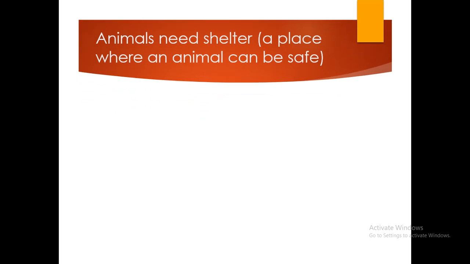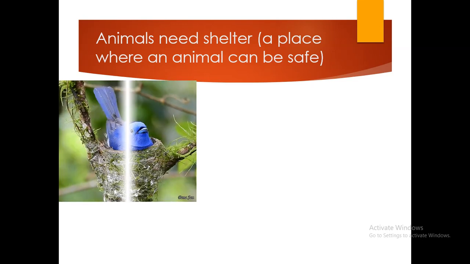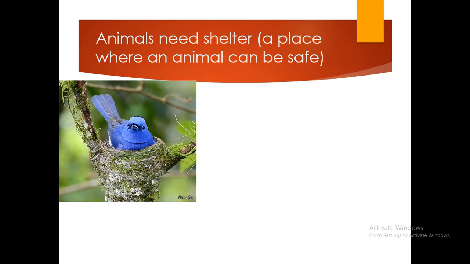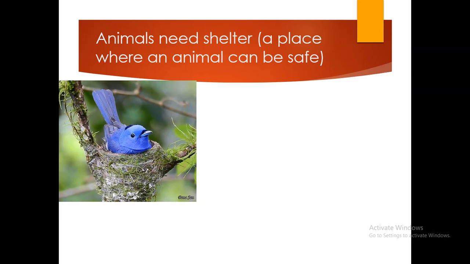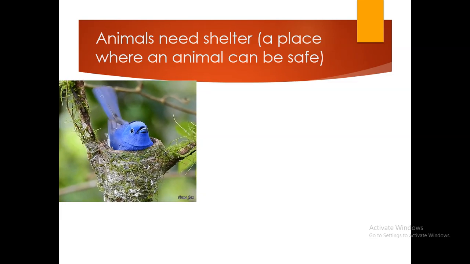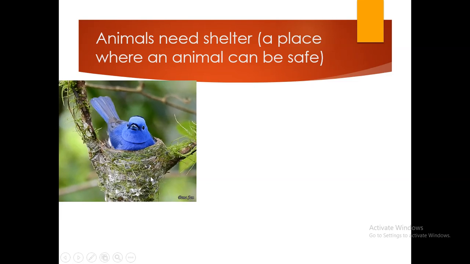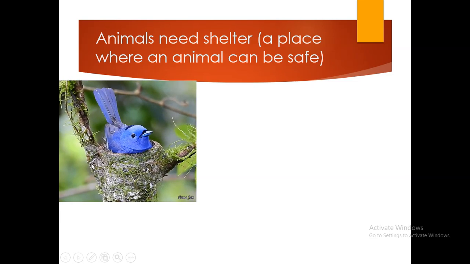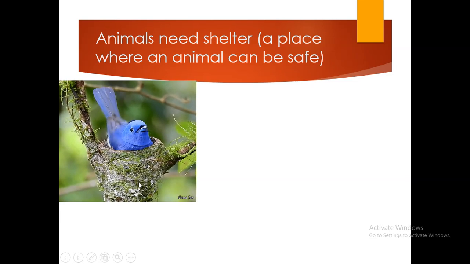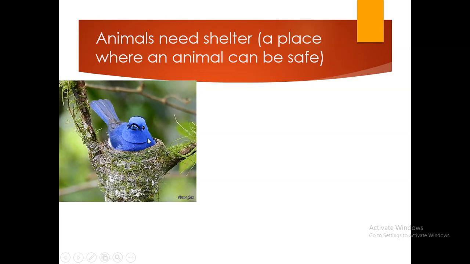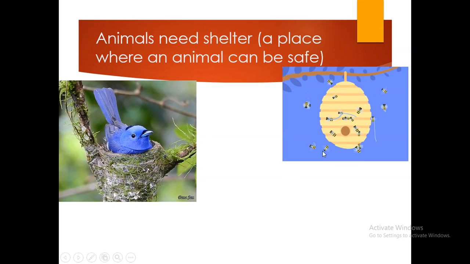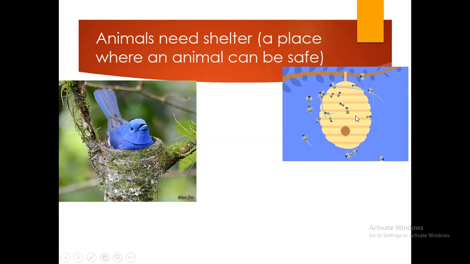Animals, beside water, food, and air, they also need a shelter. What is a shelter? It's a place where an animal can be safe. Like birds. This bird here built a nest. This nest is a shelter for this bird. Bees build a hive.